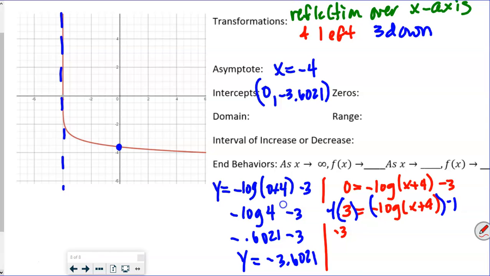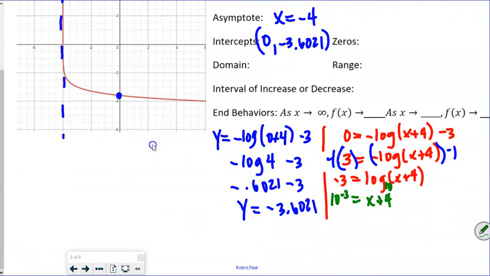So that's going to give us a negative 3 is equal to now the log of x plus 4. Remembering again that our base is 10 here when we don't have a base. So this is going to be 10 to the negative 3 is equal to x plus 4 when we put it in exponential form. Now, 10 to the negative 3 is basically 1 over 1,000, right? And that's equal to x plus 4.